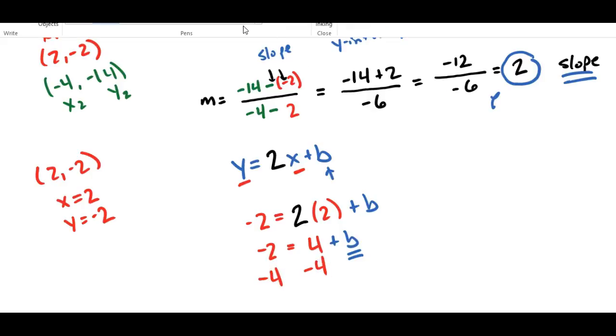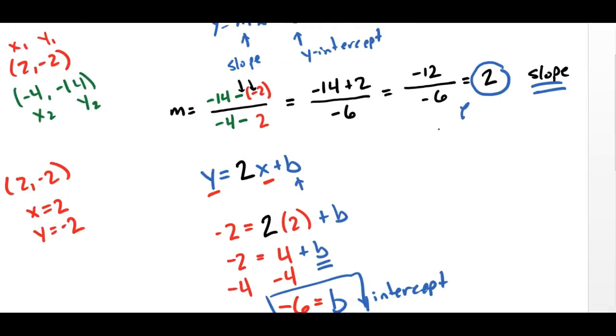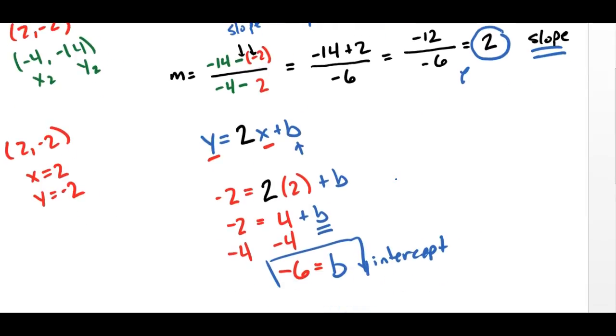So now I get negative 2 minus 4 is negative 6 is equal to b. So now I know my y-intercept. My y-intercept is negative 6.